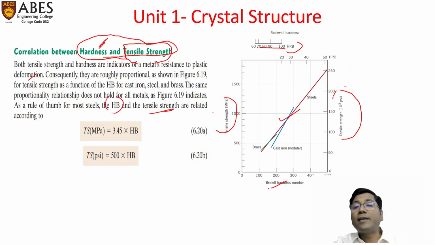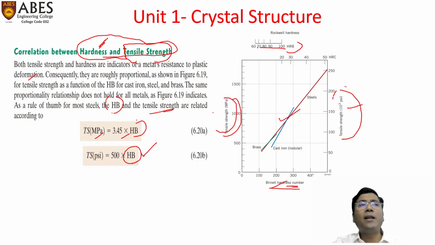Tensile strength in MPa and in PSI are related according to the formula: tensile strength in MPa equals 3.45 times HB, and in terms of PSI it equals 500 times HB.